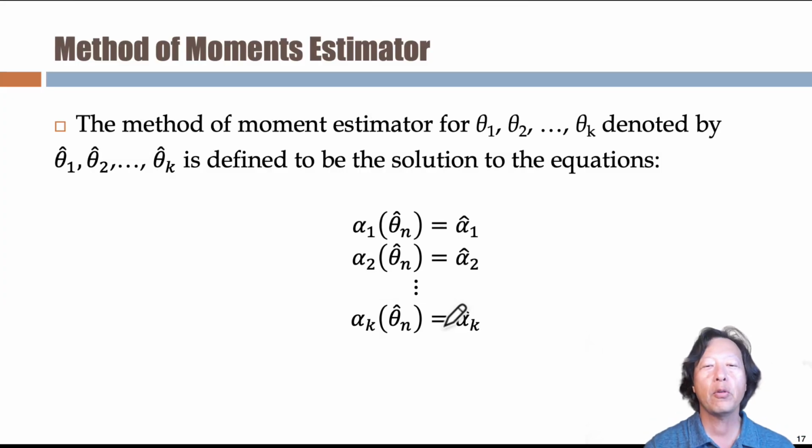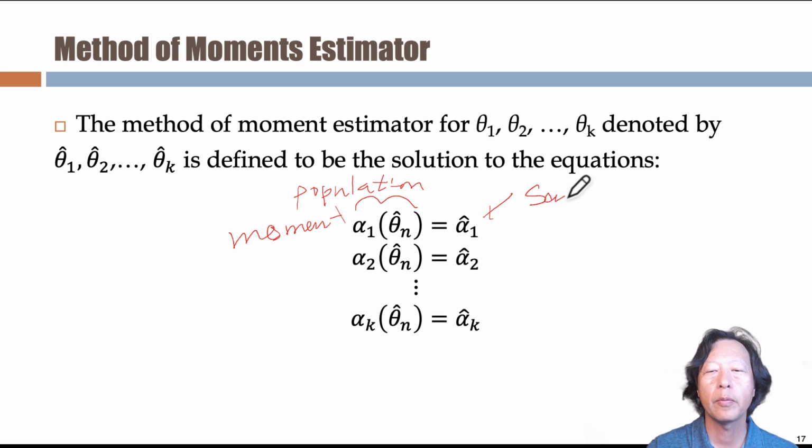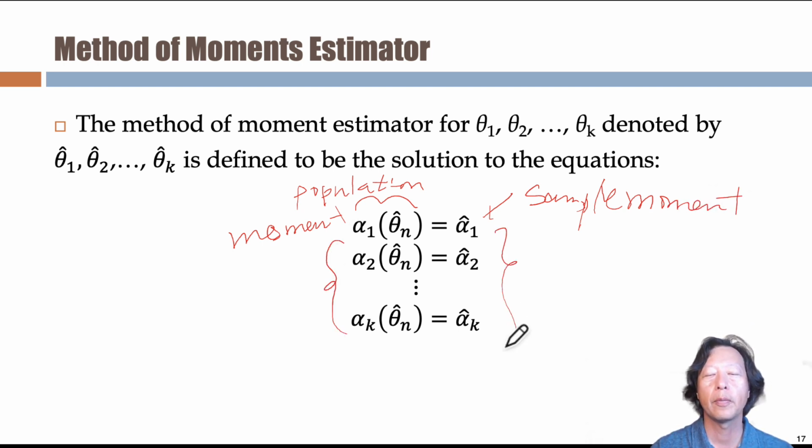Now, the method of moments estimator for the parameters is to find the solution of all of this. This is the population moment, and this is the sample moment. So you set up all of these, k equations, right?